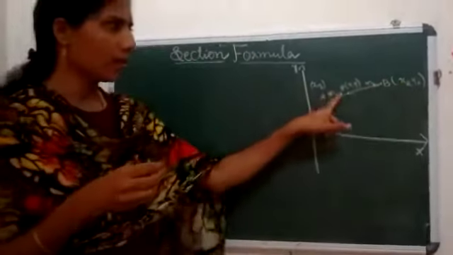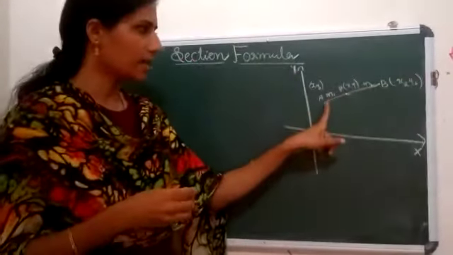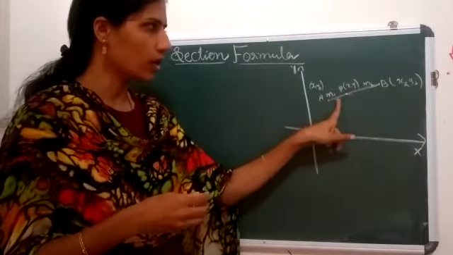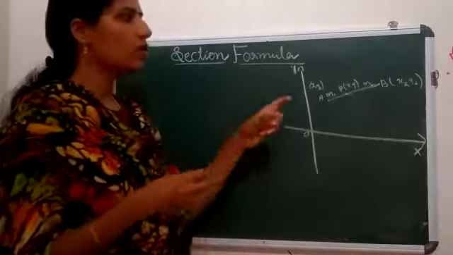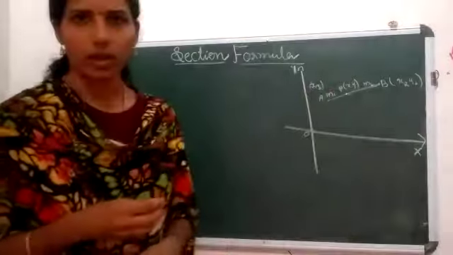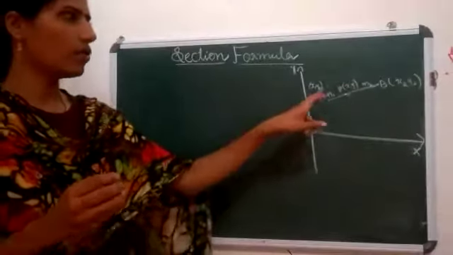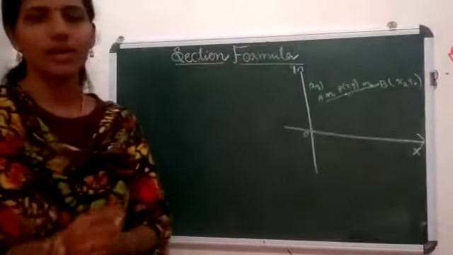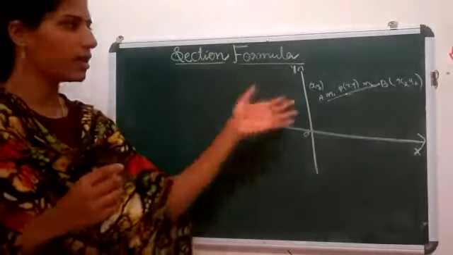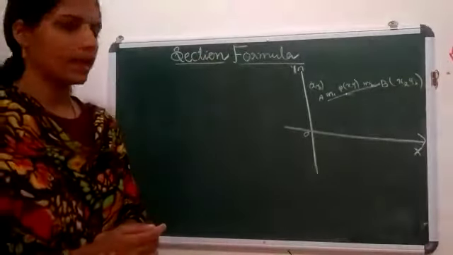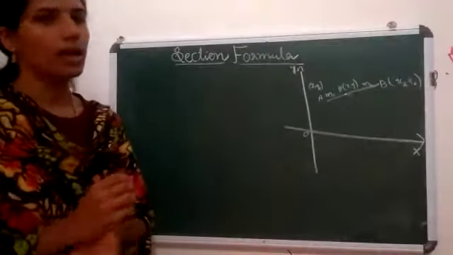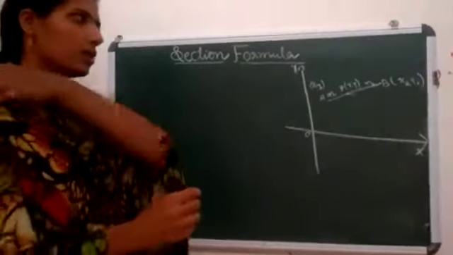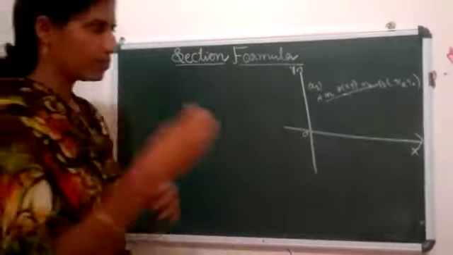That means the point P divides the line segment AB in the ratio M1 and M2. We need to find out the coordinate of xy. So how will you find out? Using section formula. For that we are going to derive the section formula for finding the coordinates of the point which divides the line segment. Okay. So how will you find out?